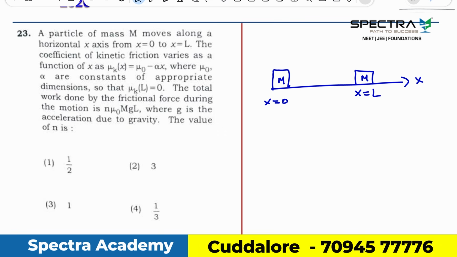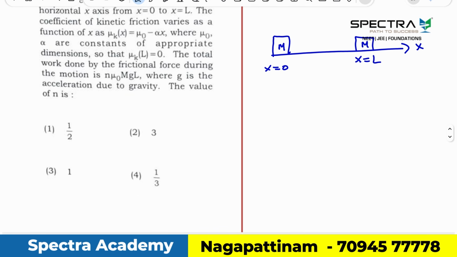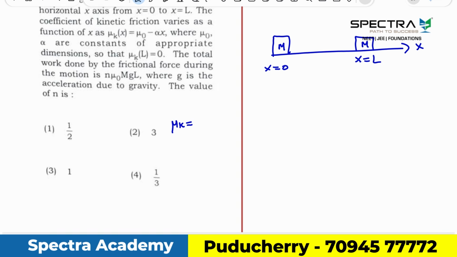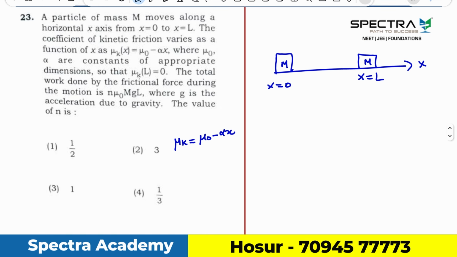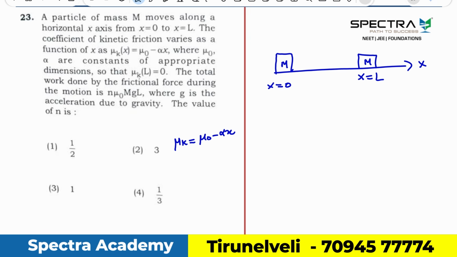So we have a varying mu, right? Varying mu, what is that? That is some equation like mu k is equal to mu naught minus alpha x, where mu naught and alpha are constants of appropriate dimension, so that mu k of L is 0. So when reaching here, your mu value becomes 0.